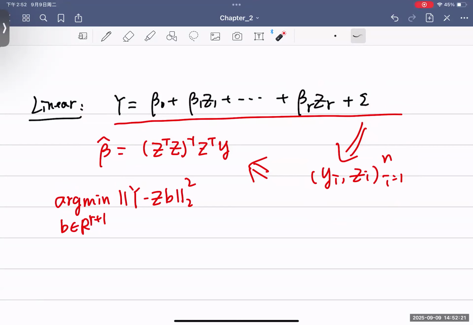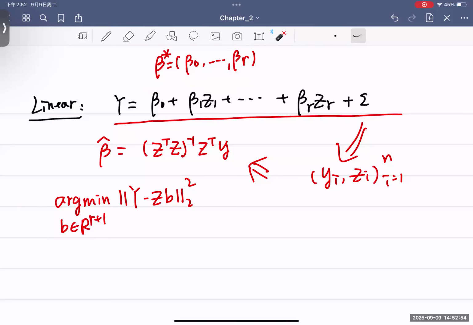So a very important task is to understand what beta hat is, with beta 0 to beta r. We now know how to estimate. The next step is to know the relation between beta hat and the beta presented here. Maybe we use beta star to stand for how the data is generated.